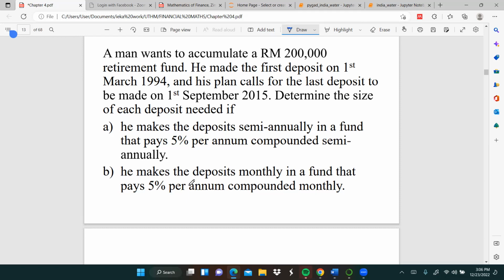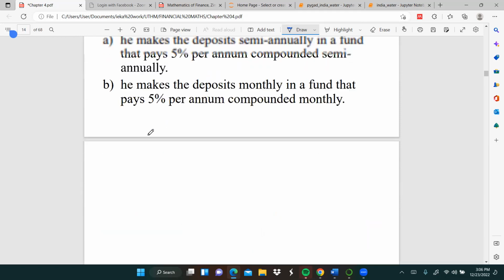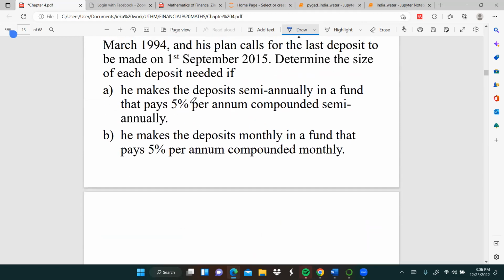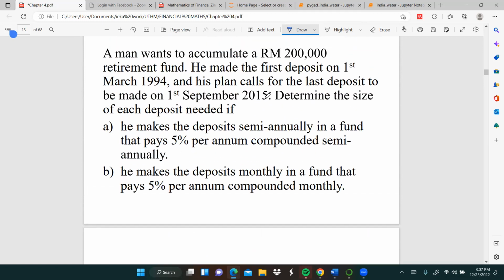Okay, so sekarang ni, untuk case ni, yang pertama kat sini, yang atas ni kata semi-annually, so setiap 6 bulan. And then S kita adalah 200,000.